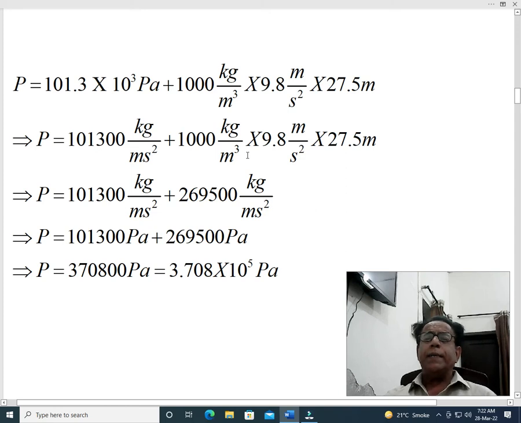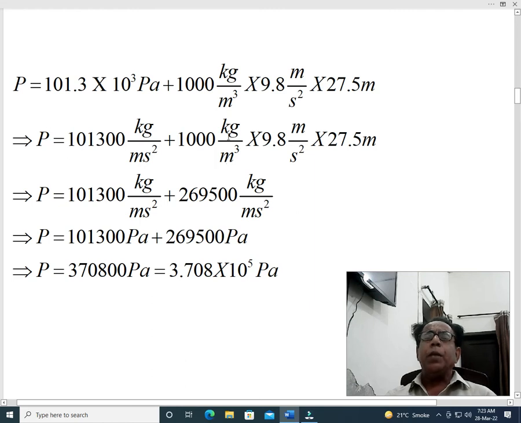Here, kilogram and one meter will be cancelled from these three powers, and here meter square will be left, and from here one meter will once again be cancelled. That is, m and m square will be subtracted and we will simply get m.